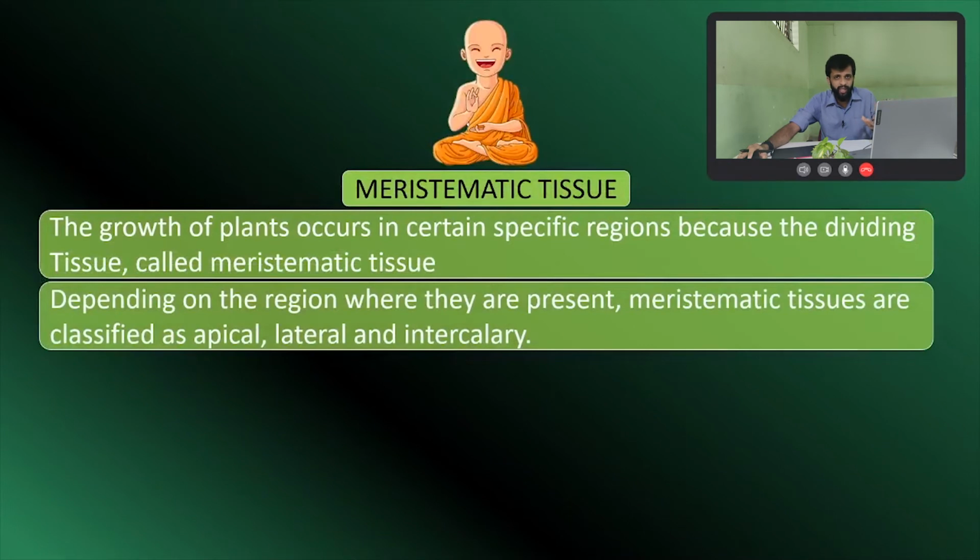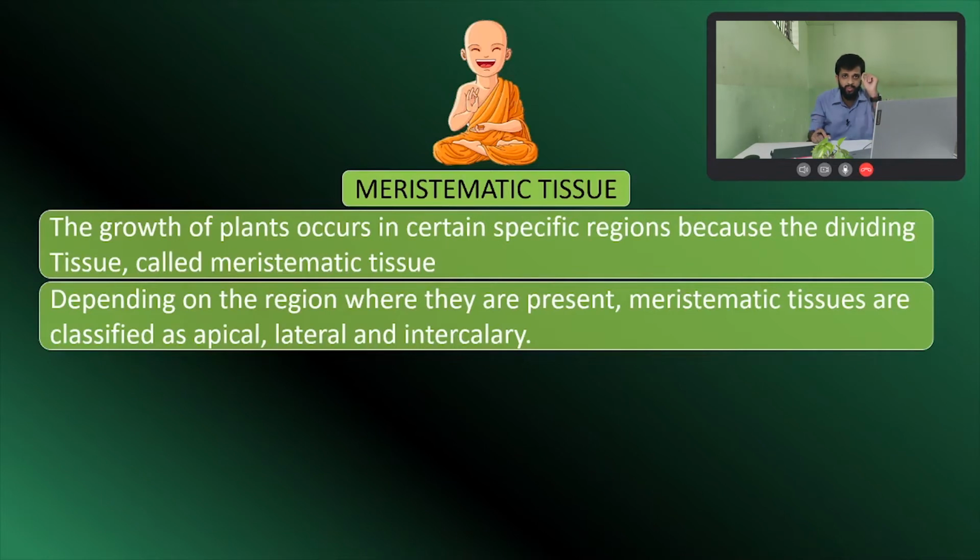What is meristematic tissue? The growth of a plant occurs in certain specific regions because of the dividing tissue called the meristematic tissue. So the first point you can remember is that a meristematic tissue is nothing but a dividing tissue. Why? Because if you have grown a plant, you must have realized that the plant doesn't grow just like that.